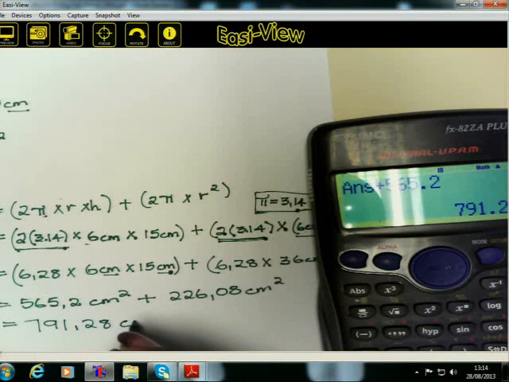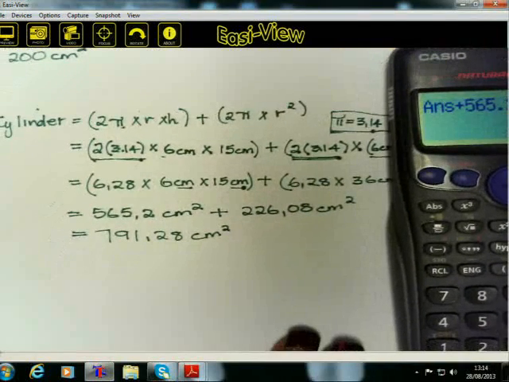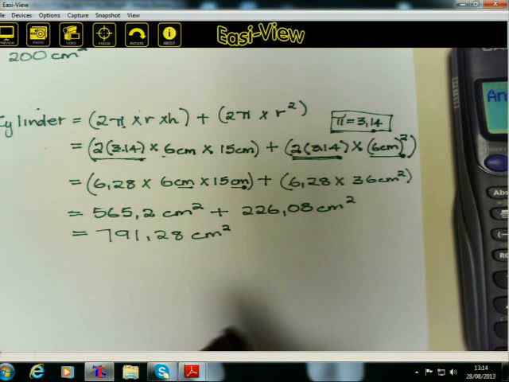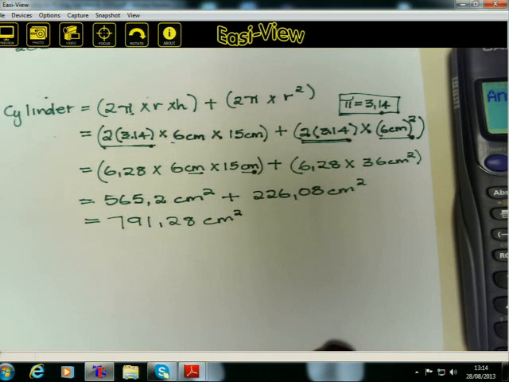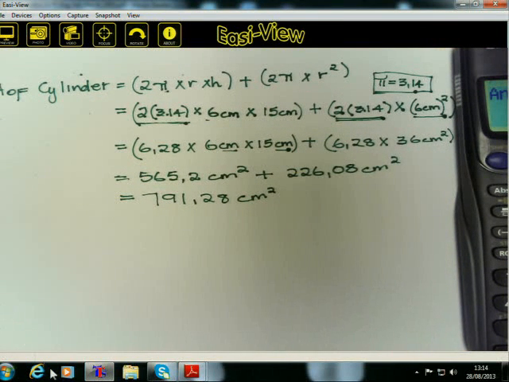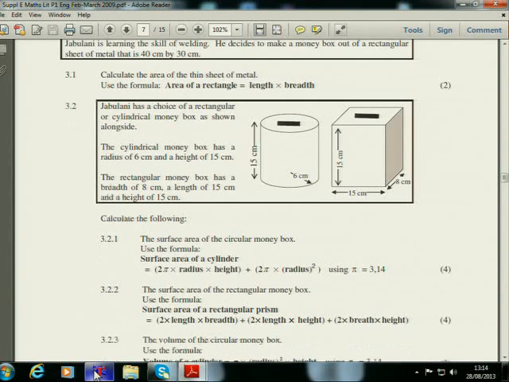Remember the units, square centimeters. Our answer is already in a form of 2 decimal places, as instructions would normally say, and there was no special instruction in this question where they said maybe we must round off to the nearest unit. So our answer will stay 791,28 square centimeters. We will move on to the next question.